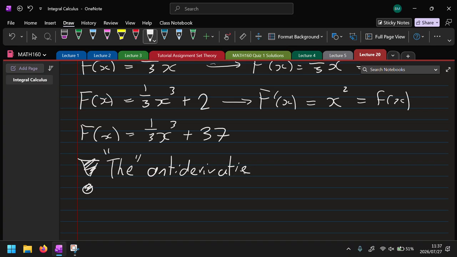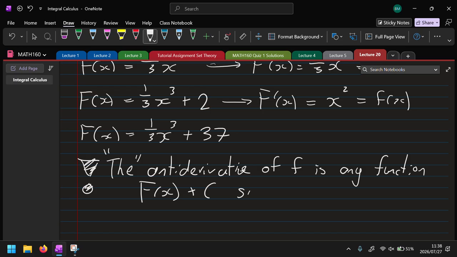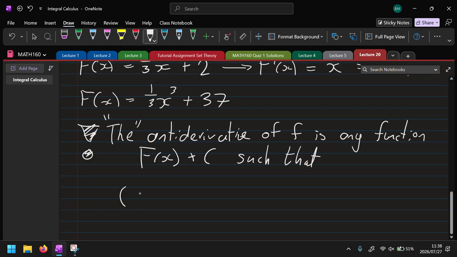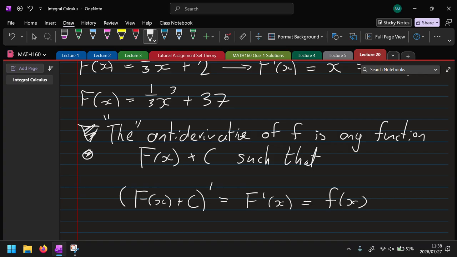So the antiderivative of f is any function capital F of x, but we can also add any constant, so plus c, such that if we take the derivative of this whole thing, that plus c just goes away because of the derivative. And this must give us back little f of x.